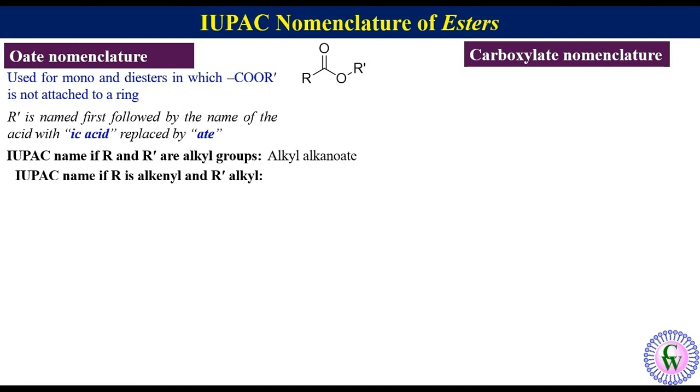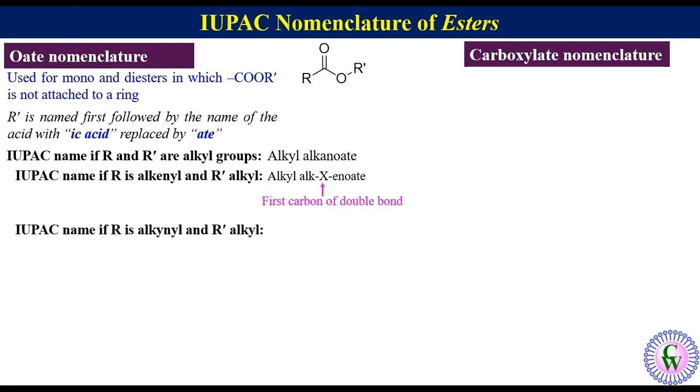If R is alkenyl and R' alkyl, then alkyl X-enoate, where X is the position of the first carbon of the double bond. If R is alkynyl and R' alkyl, then it is named as alkyl X-ynoate, where X is the position of the first carbon of the triple bond.